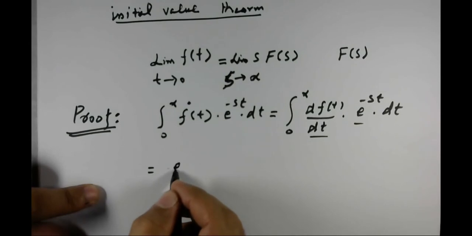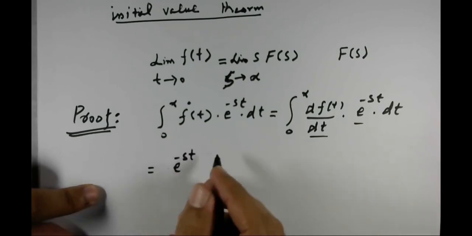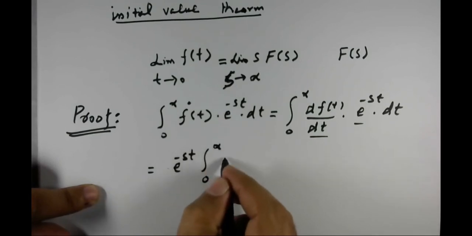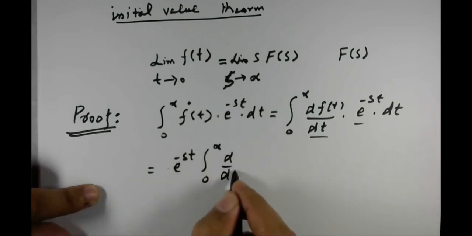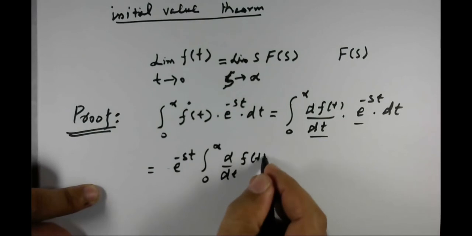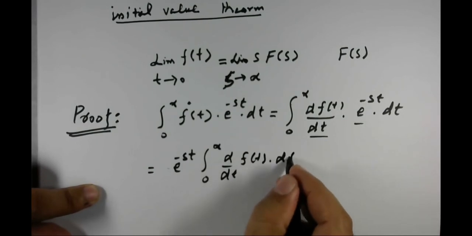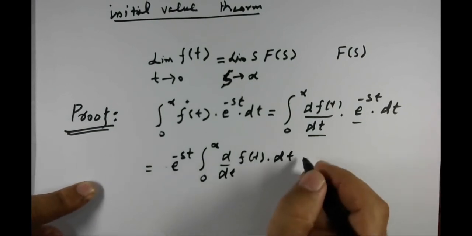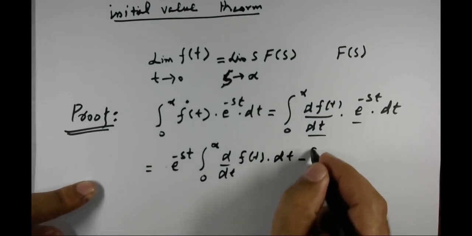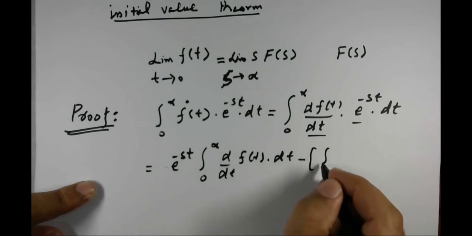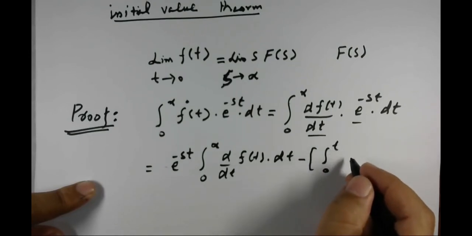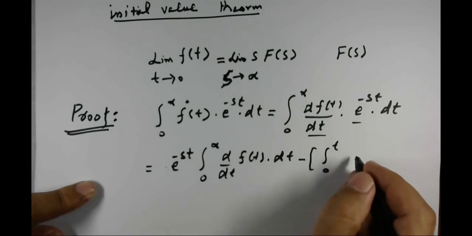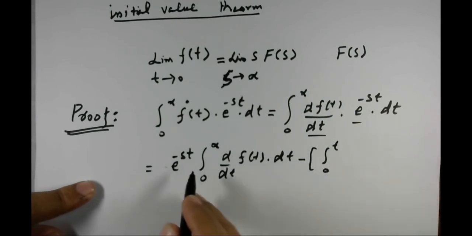So e minus st, and we take the integral from 0 to infinity of d by dt f of t times dt, and minus, from 0 to t, the derivative of this first function.